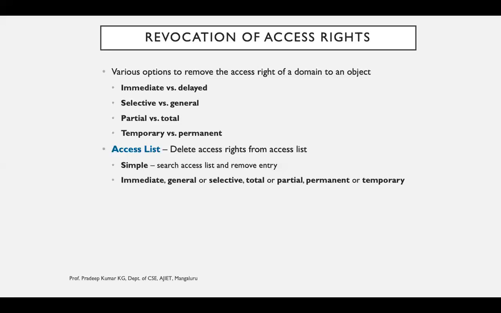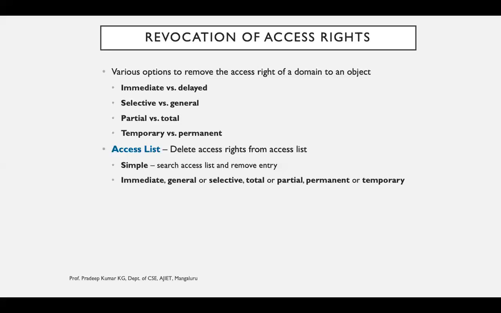General in the sense, if you have set up a default set of values, then you can easily remove it. The default values can be revoked. On the other hand, you can set up using BIOS the user permissions, general. In general, we can say read permission can be given for everyone. On the other hand, only for selective people also. That is how this revocation of access rights works.